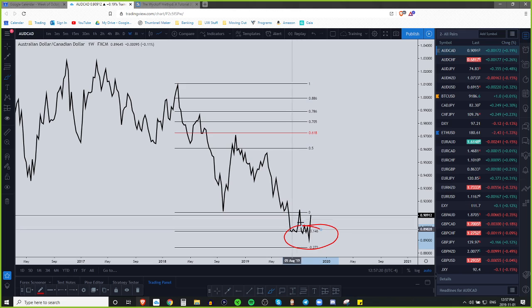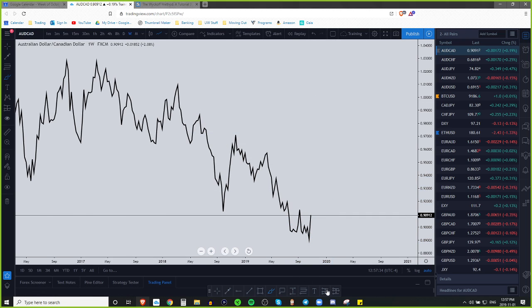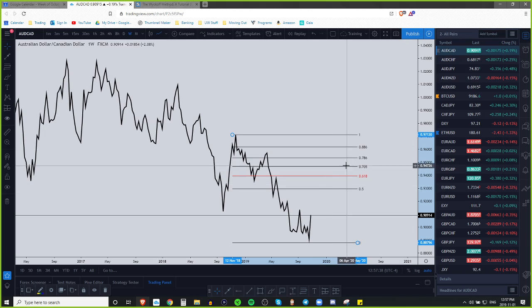So to me, this is accumulation. We can even see that we have this last down move before the up move. We might come down for another test before officially coming to the upside, looking for a retracement up to this area right here.